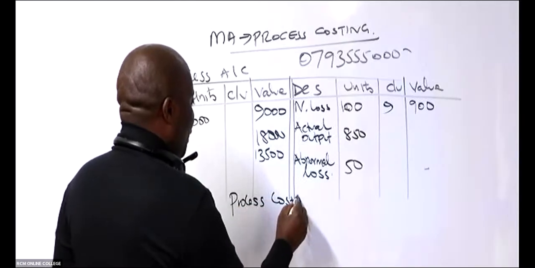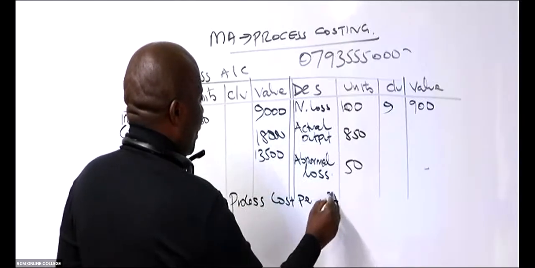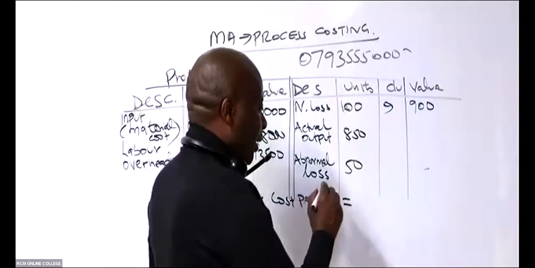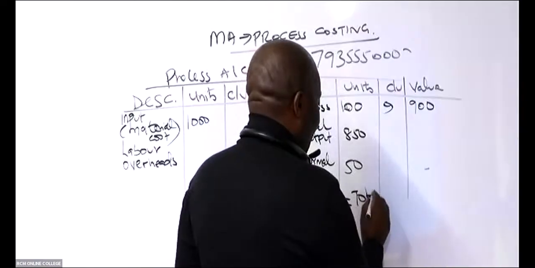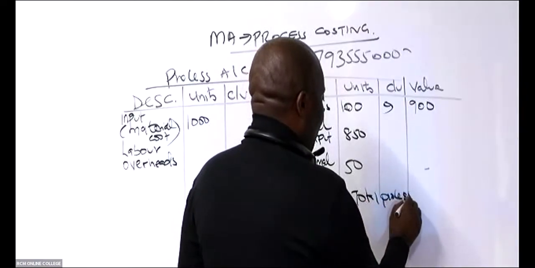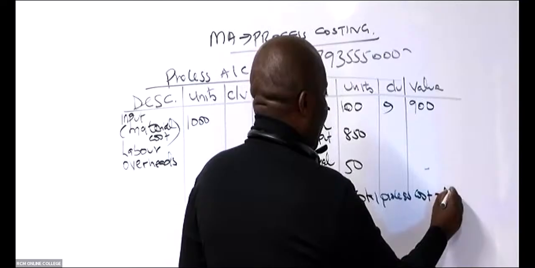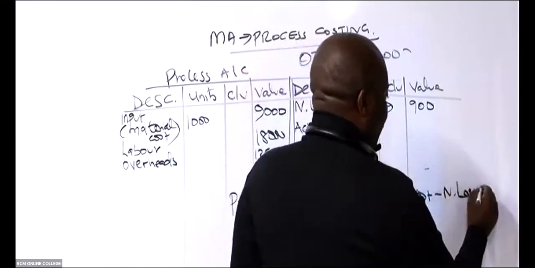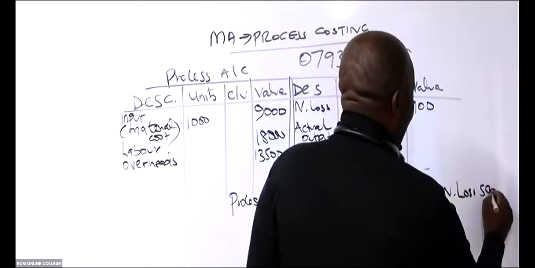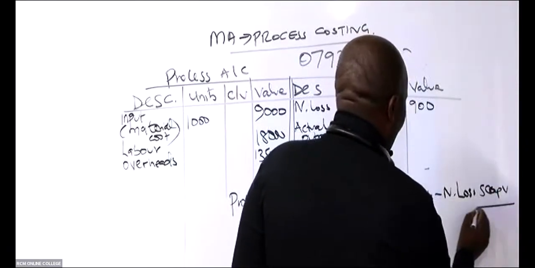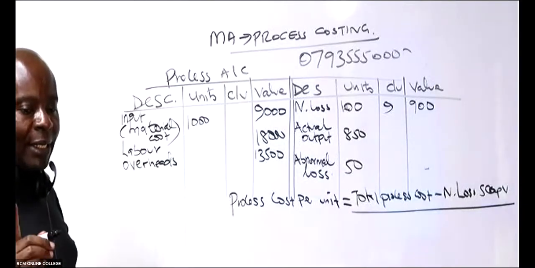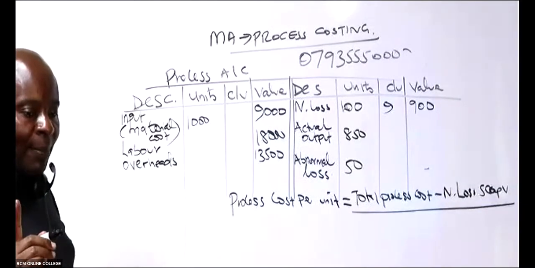Process cost per unit. I'm able to remember this very well. We said we take the total process cost minus normal loss scrap value, all over, and please listen, I'm bringing in something new because now we are becoming professionals.